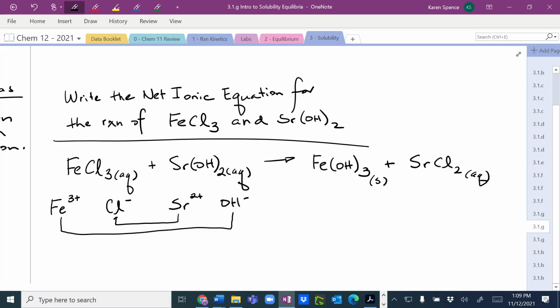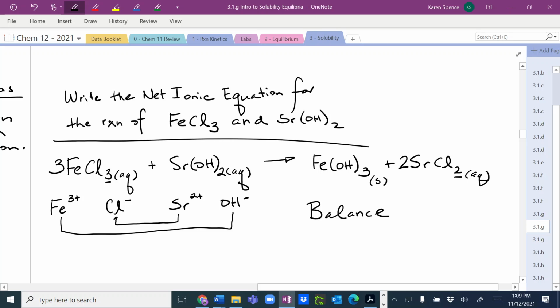Yes, balance. And if you have 2s and 3s, the easiest thing to do is to find the lowest common multiple, which is 6. So you can say, I have 3 chlorides here, 2 chlorides here, so let's put a 3 in front of this one and a 2 in front of that one to give me 6.